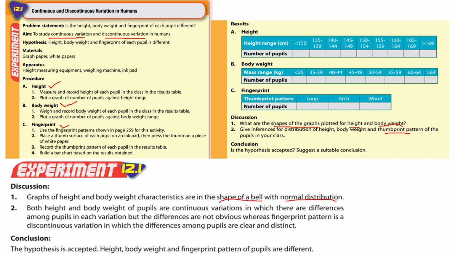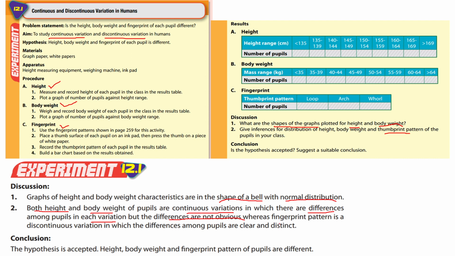your class. Okay, so from the study and also from the graph, we know that both height and body weight of pupils are continuous variations, in which there are differences among pupils in each variation, but the differences are not obvious. Okay, tidak ketara, they are not distinct.